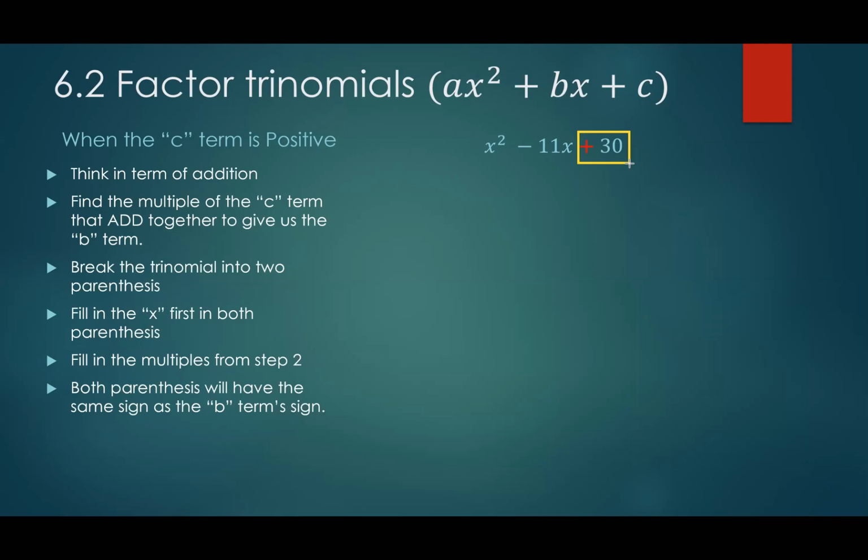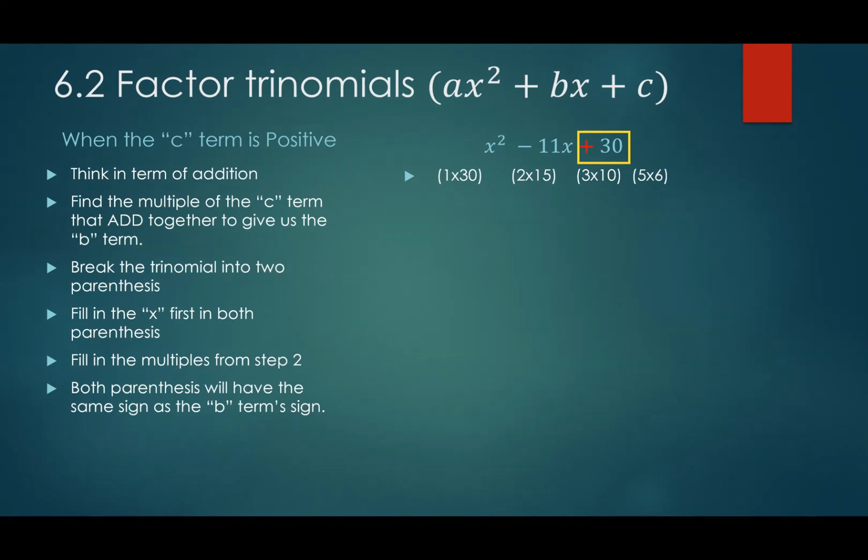Is there two numbers that multiply to give me 30? If you're in doubt, ladies and gentlemen, just list everything out: 1 times 30, 2 times 15, 3 times 10, 5 times 6, 6 times 5. You repeat, so there's no other multiple.